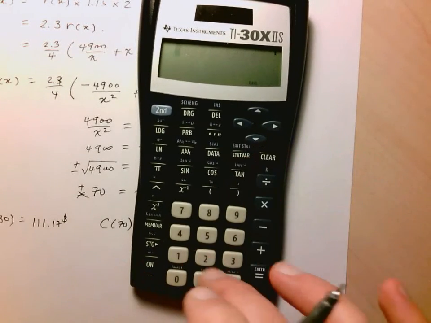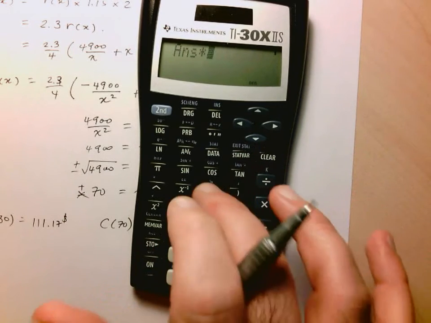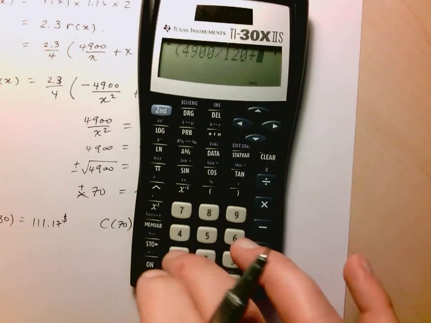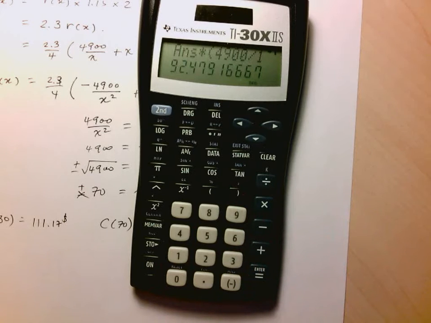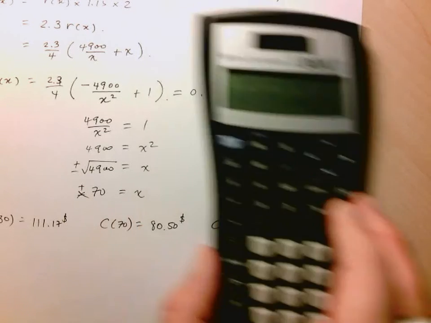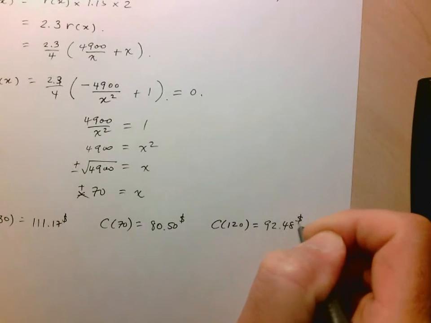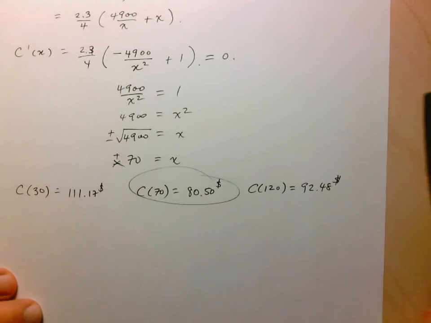Here we've got 2.3 divided by 4 times 4,900 divided by 120 plus 120, and here we've got $92.48. So it turns out that 70 gives us our minimum.